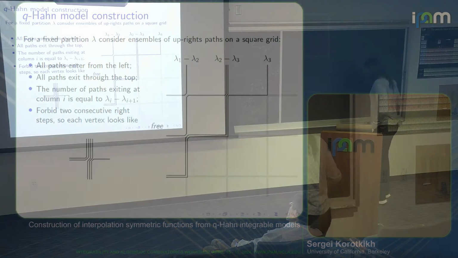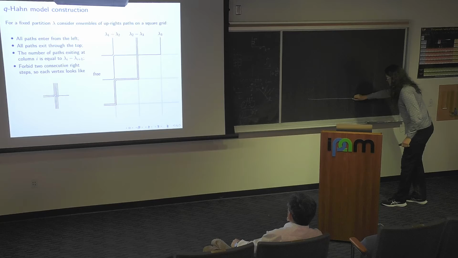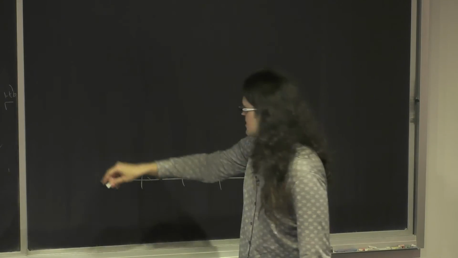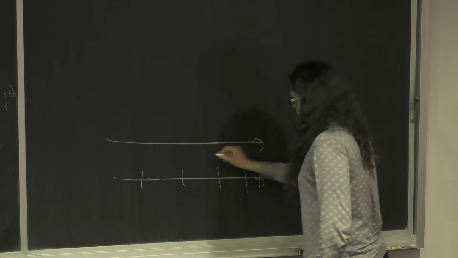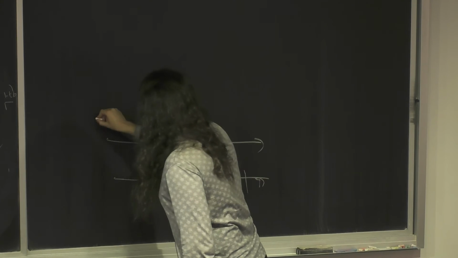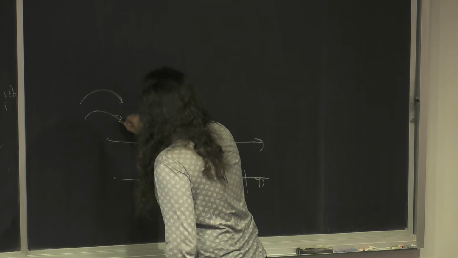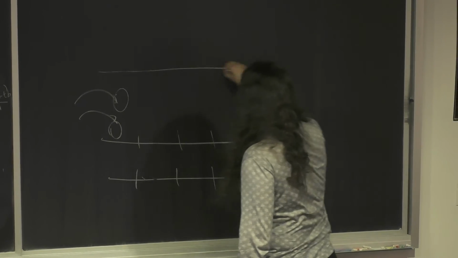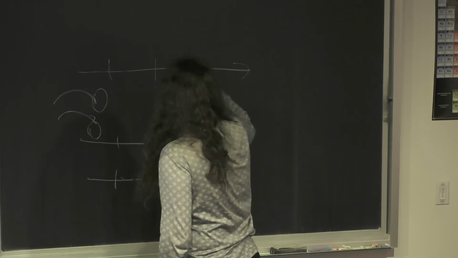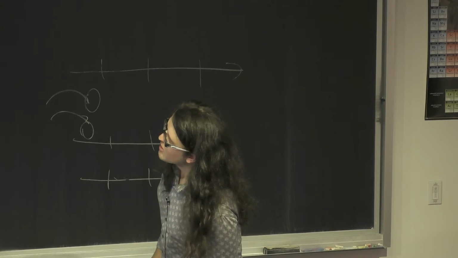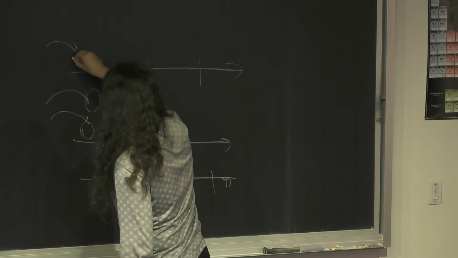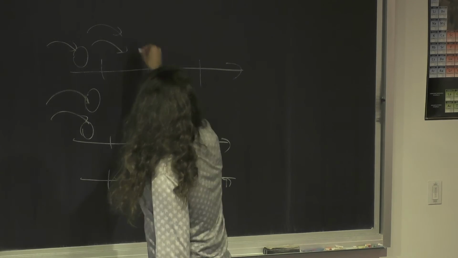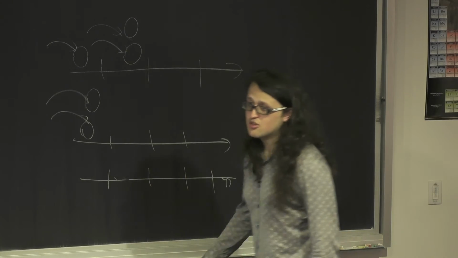So on the 0 level, I have no particles. Then in this example, on the next step, I have 2 particles coming from the left boundary. Then on the next step, I will have 1 more particle coming from the left boundary, and these 2 particles which were at the first spot simultaneously move to the next spot.